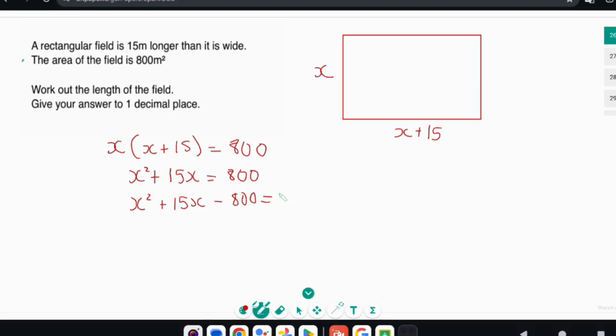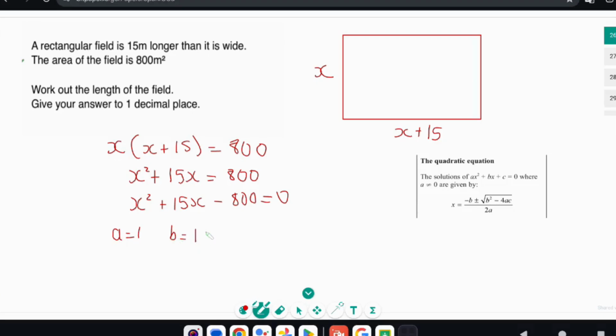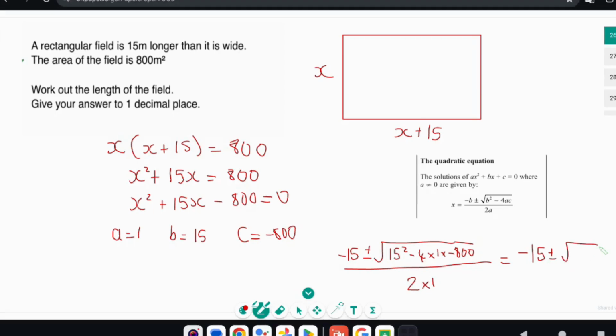It's asking us to solve it to one decimal place, so I know I need the quadratic formula. A is 1, B is 15, C is negative 800. So we have minus 15 plus minus the square root of 15 squared minus 4 times A times C, all over 2A. Let's work out our square root first. All over 2.